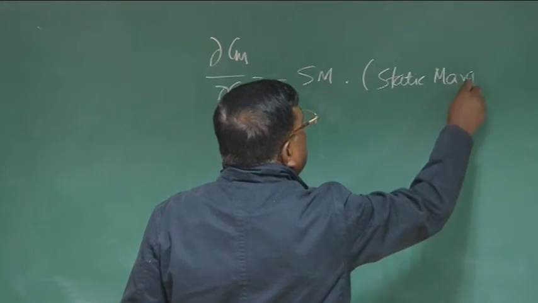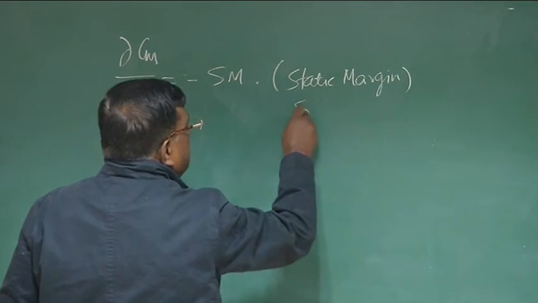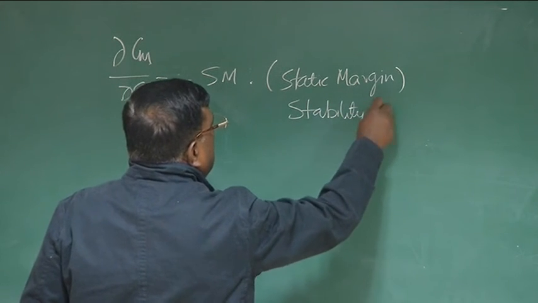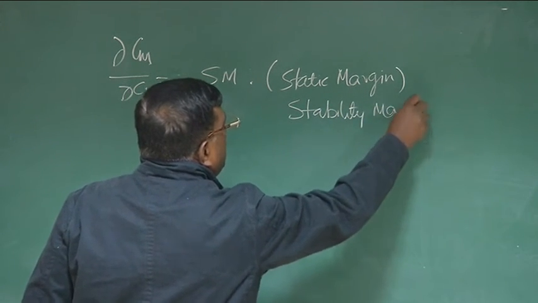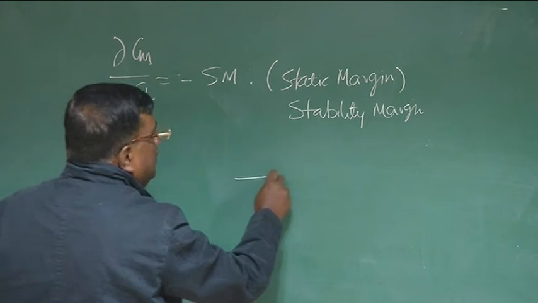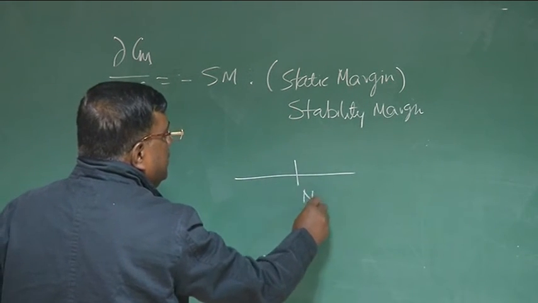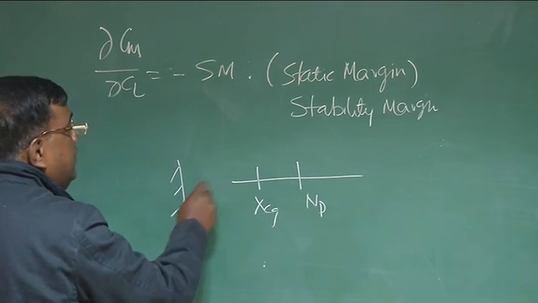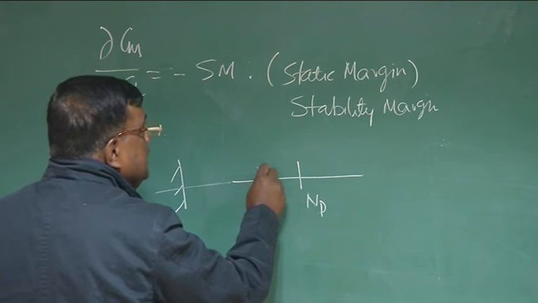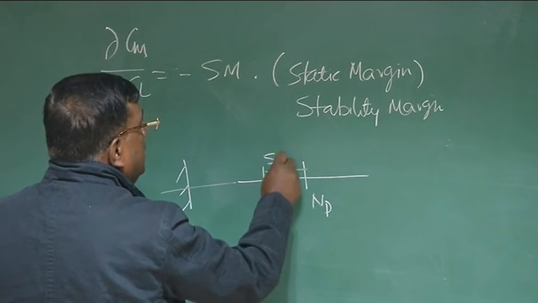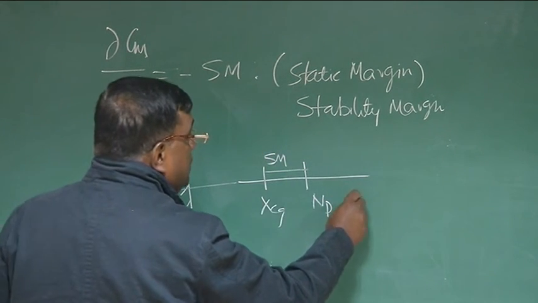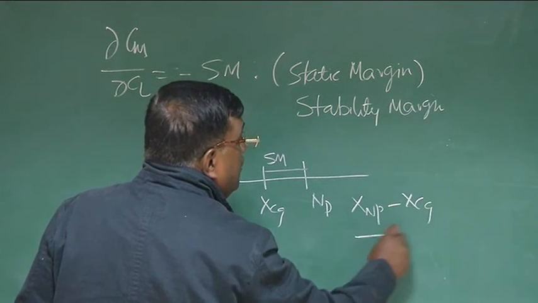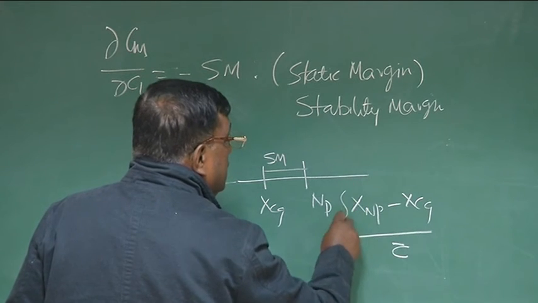Many books may also refer to this as stability margin. And we know the meaning of stability margin is, if this is the neutral point, if this is the CG, and I'm measuring from some reference here, then this is static margin. Of course, this is expressed as a percentage of mean aerodynamic chord, okay?